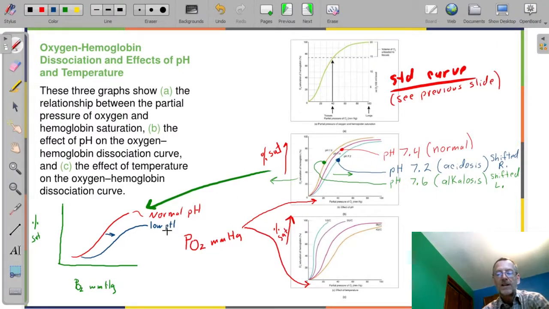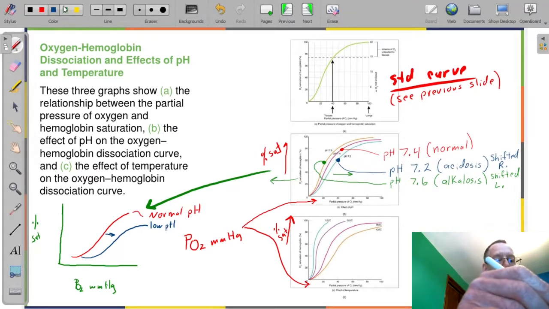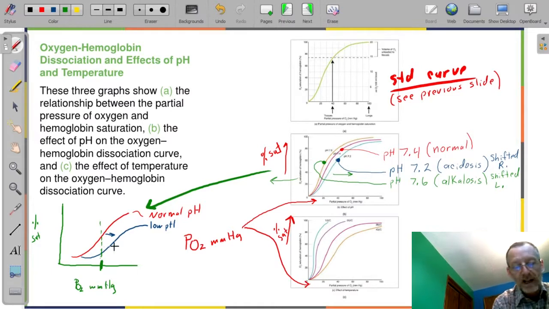All right, so how does that affect the oxygen binding? Well, to get your mind wrapped around it, start with any point. So let's say at this partial pressure here, how saturated is the hemoglobin? Well, you just go straight up from here, and at this point, you read across and hit it there.